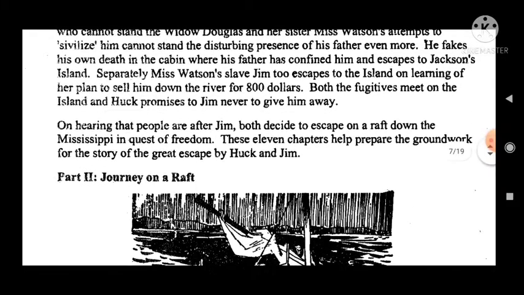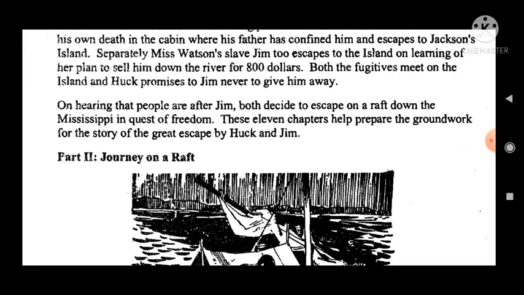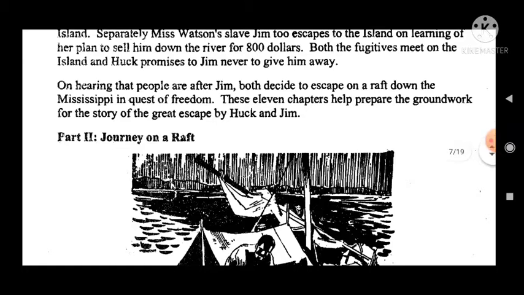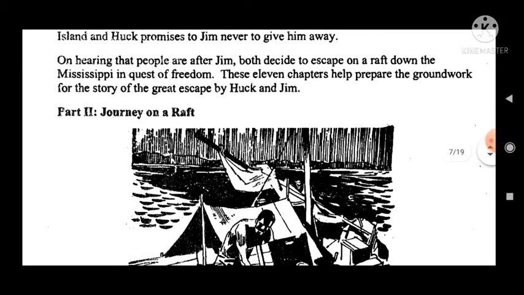Miss Watson's slave Jim too escapes to the island on learning of her plan to sell him down the river for $800. Both fugitives meet on the island, and Huck promises Jim never to give him away. On hearing that people are after Jim, both decide to escape on a raft down the Mississippi in quest of freedom. These 11 chapters help prepare the groundwork for the story of the great escape by Huck and Jim.